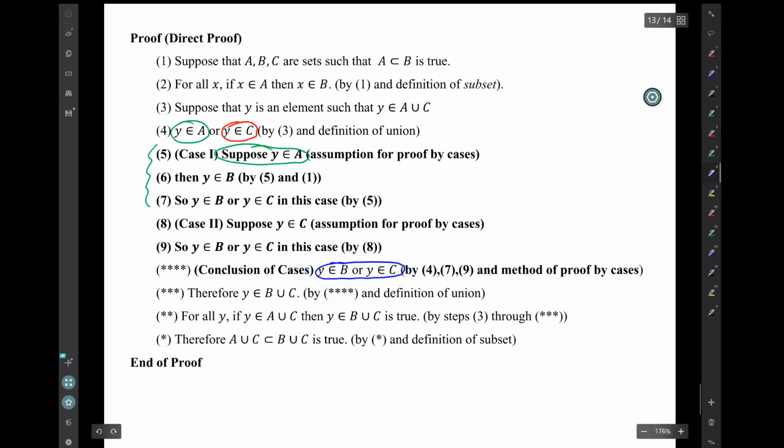Well, we can do that in this first case, because if y is in A, then we can say that y is in B because A is a subset of B. So we use statement 1 in order to say that y is actually in B as well. And since y is in B, then we can say that y is in B or y is in C. That's by statement 6 here.